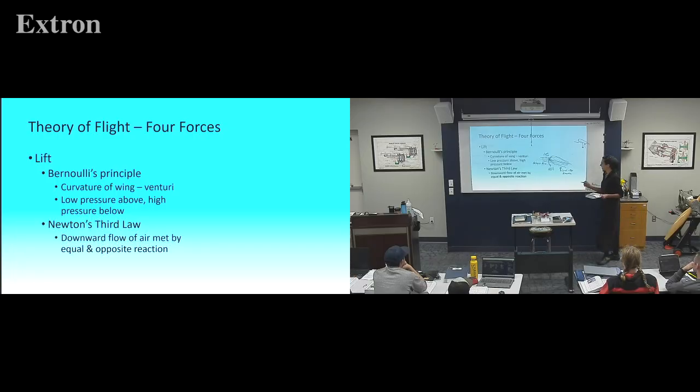Bernoulli's law says, as the air comes up and over, it speeds up, so I have higher velocity, and therefore what kind of pressure? Lower pressure. It's not negative pressure, but lower pressure, and down here is higher pressure.